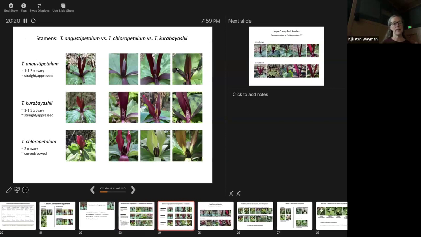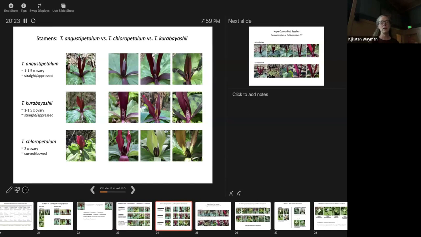So if we look closer in at the ovary and stamens, we see for angustipetalum, the stamen height to ovary height is about 1 to 1.5. So the stamens can be about equal in height to the ovary, or they can be up to 1.5 times the height of the ovary. The same is true for kerbiaceae. They have very similar characteristics: the stamens are straight, and they're pressed against the ovary.